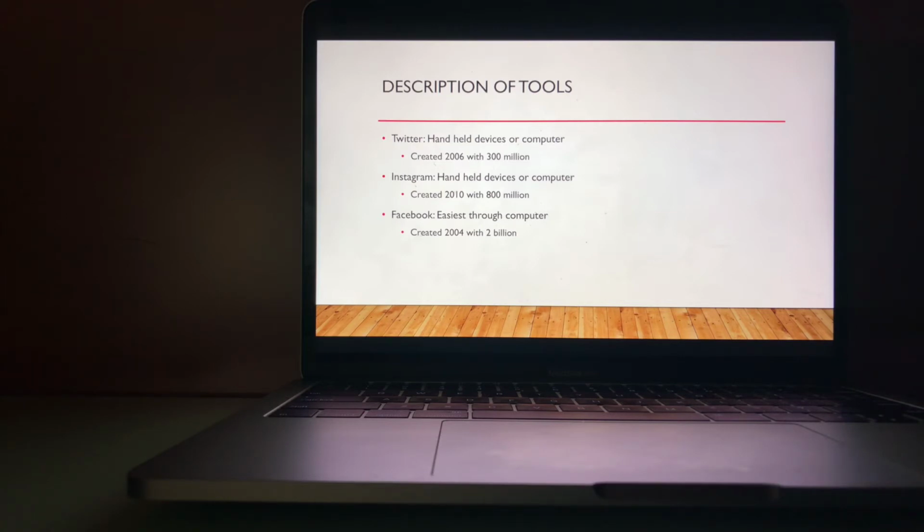And Facebook is easiest to use on a computer, and you could use this by signing up and creating your profile. It's basically to describe yourself, and I believe that Facebook is the best way to connect to others, such as you could friend request, you could talk to people, chat with them.